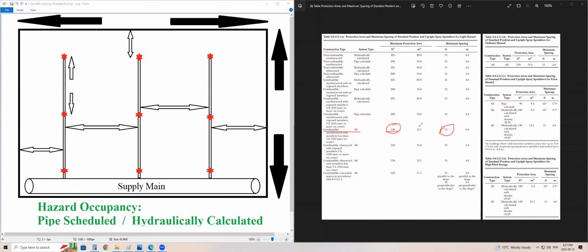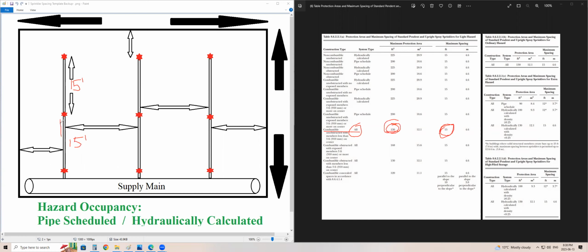So this is still light hazard, but whether it's pipe scheduled or hydraulically calculated, I have to maintain 130 square feet. So if I wanted to stick with a maximum spacing of 15 feet, I cannot install 15 feet this way. Let's say this is 15 feet between heads, and let's pretend this is typical, another 15 between heads along the branch line.